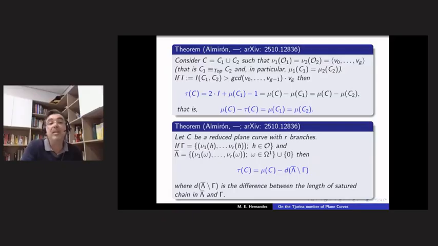That means the cardinality of lambda minus gamma, here for the reducible case. Here we can consider this expression as a generalization of the Berger formula for plane curves with r branches, using the evaluation set and so on.